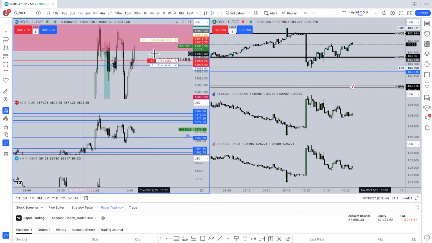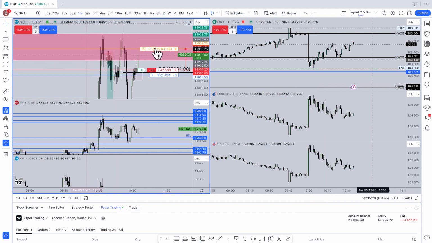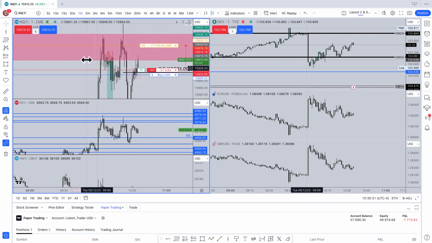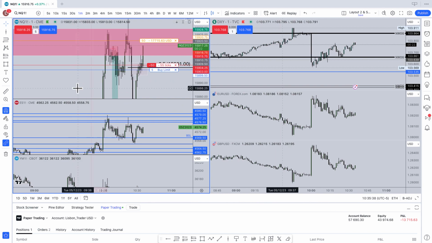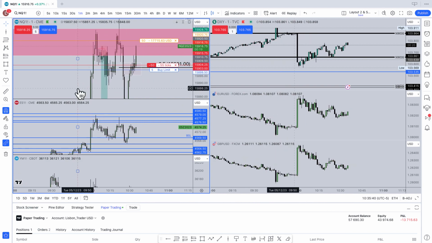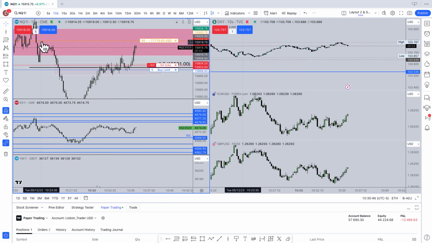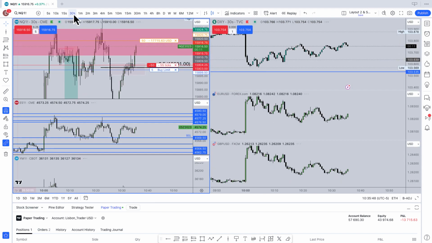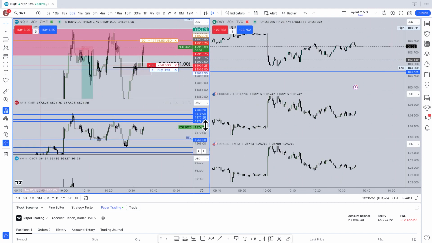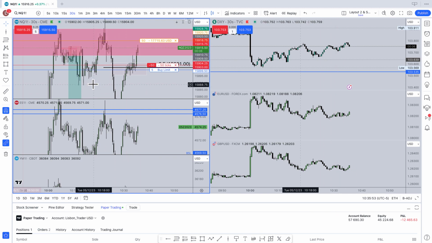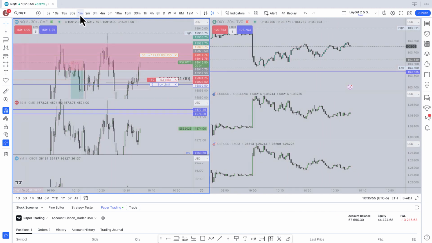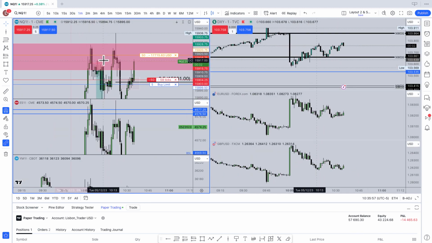So what's happening with the stops? 17 there. What do we see here?